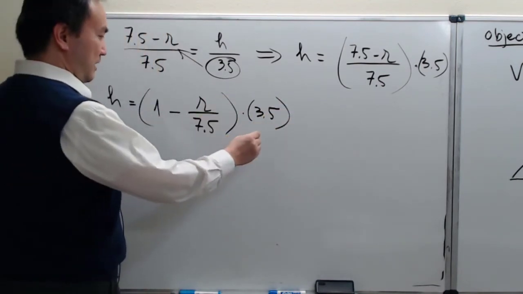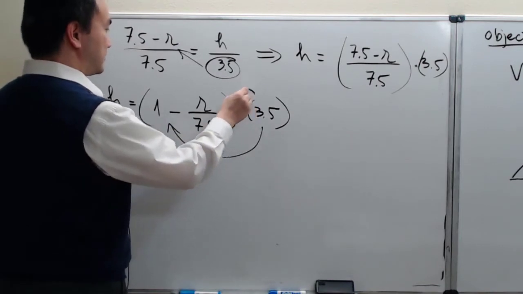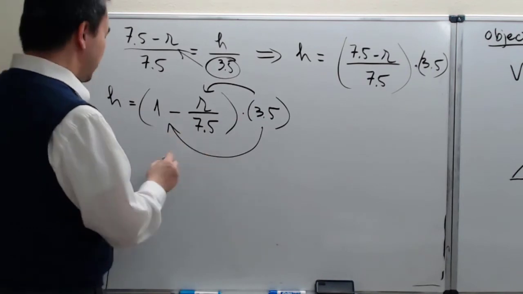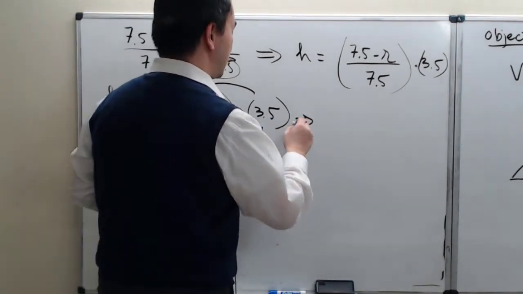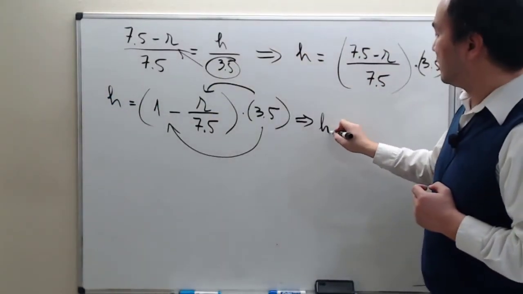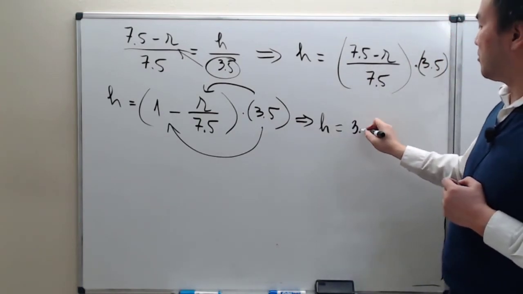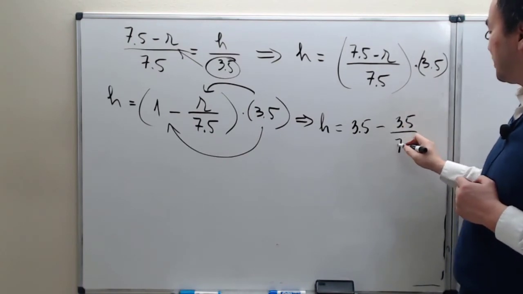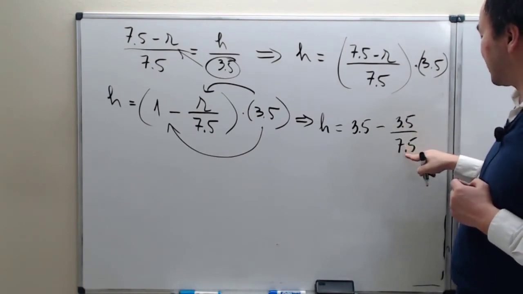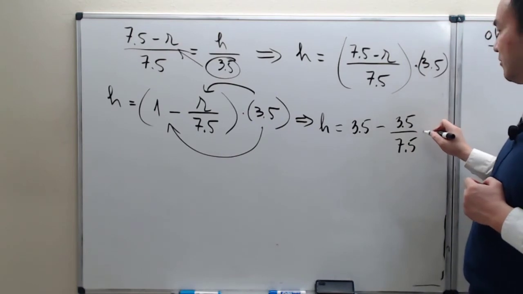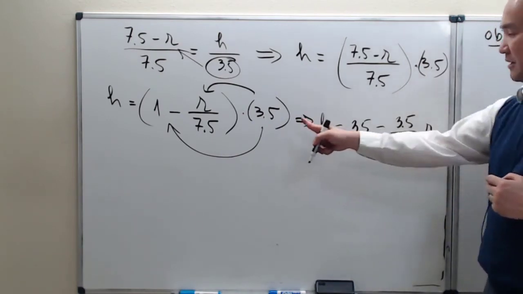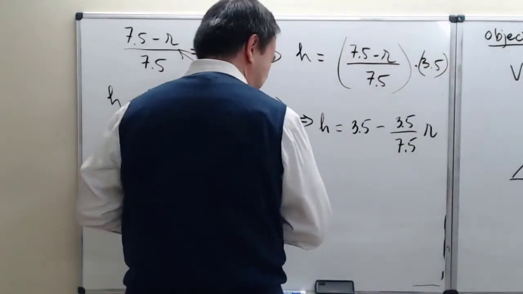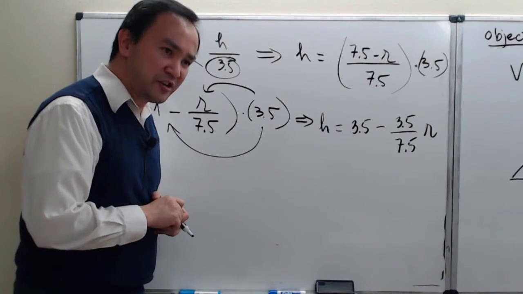And now it's just a simple distributive law to multiply the 3.5 into each term. So now I'm looking at h. In my next step, h equals 3.5 minus 3.5 over 7.5, which I'm deciding to write as a separate coefficient, multiplied by r. That's what my constraint has become after I rearrange it as an equation.